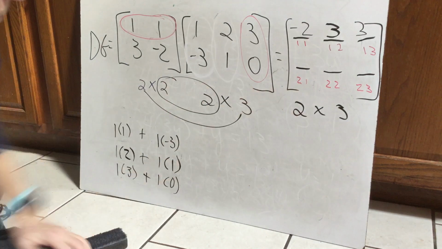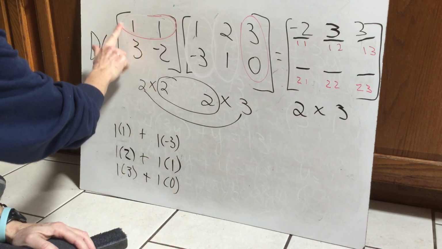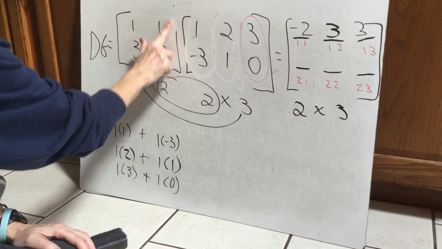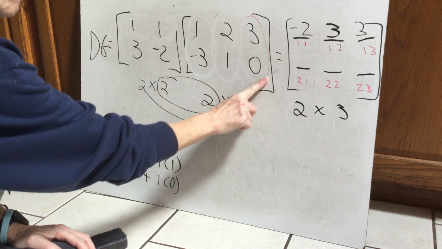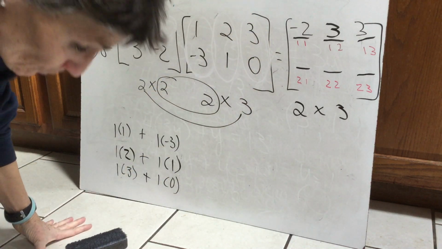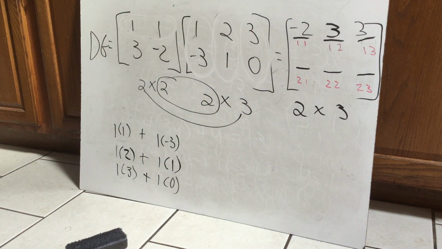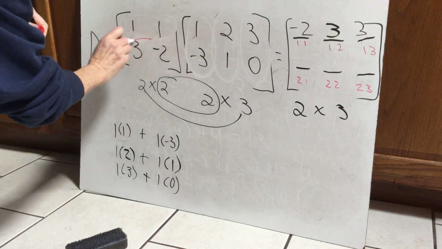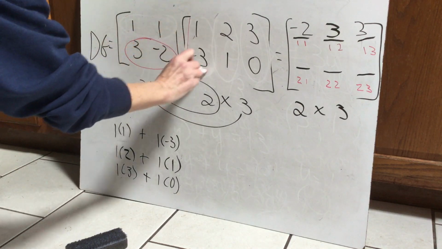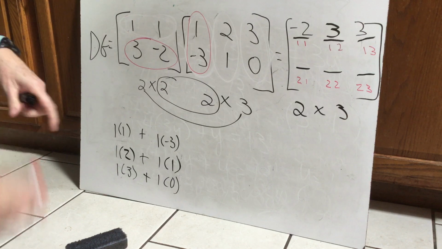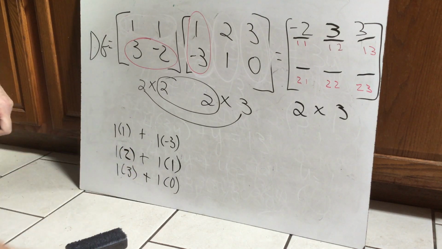To do that, I multiply the numbers in the second row times the numbers in the first column.